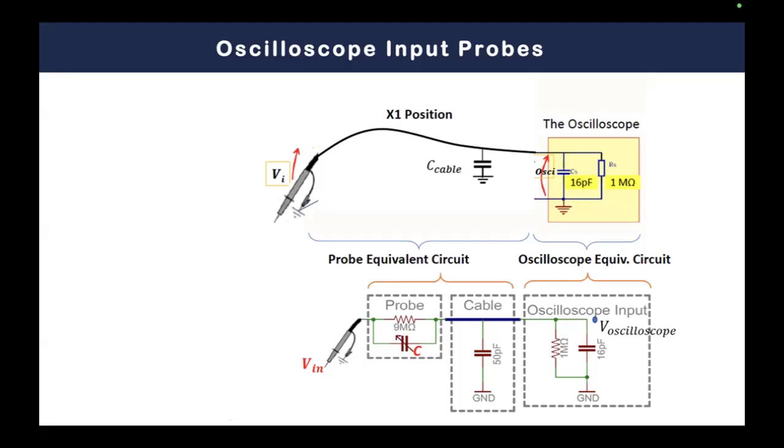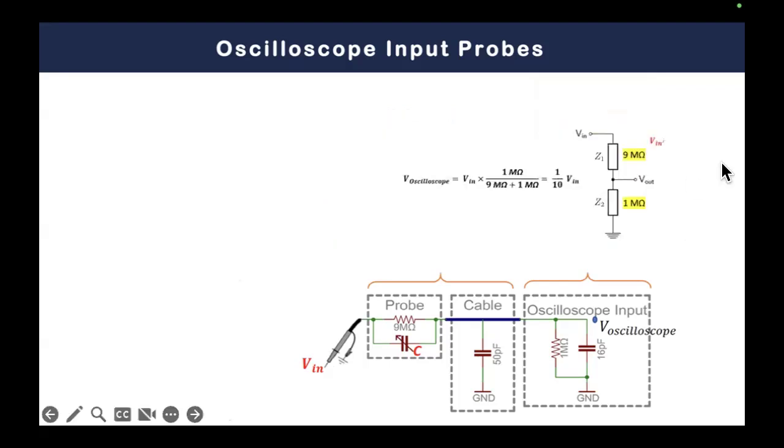So as a final result, I can say that I have only two resistances like that. We have the probe resistance, which is about 9 mega ohm, and we have the input impedance of the oscilloscope, which is about 1 mega ohm. So it's a very straightforward voltage divider between the 1 mega ohm and the 9 mega ohm.